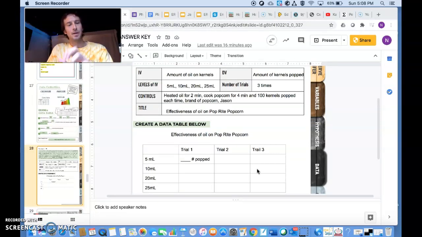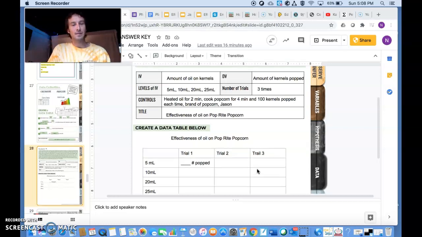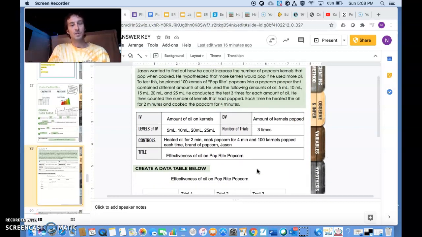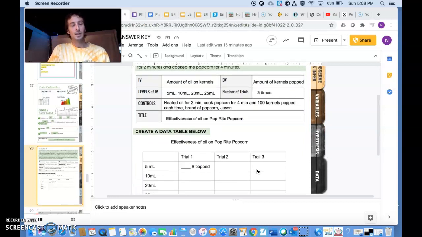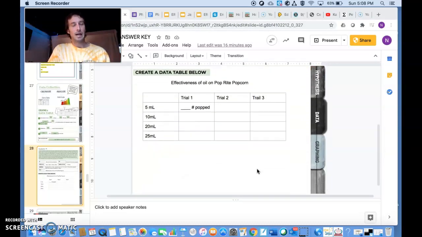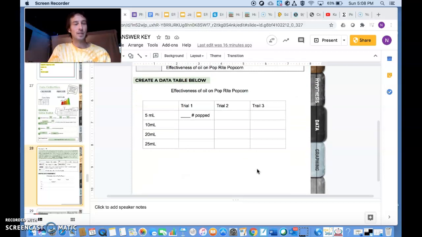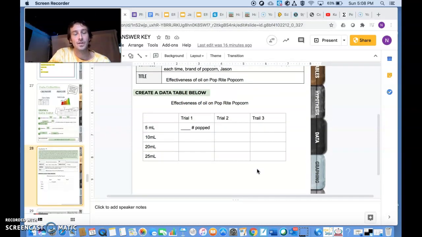But if you think about the things you need to pull out, your controls, your independent variables and your dependent variable, if you can find those things in the scenario and pull them out, now you can think about how can I create a tool that will allow me to gather data in an efficient, effective way.